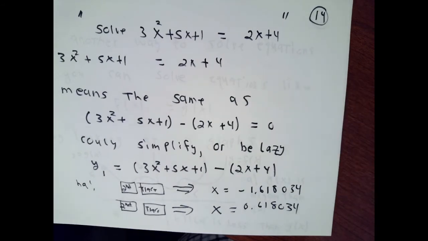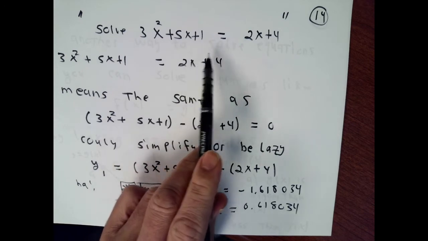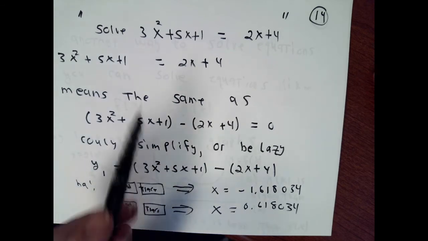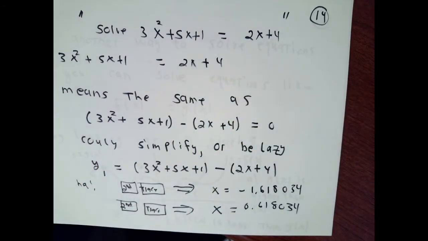If someone asked you, solve the equation 3x squared plus 5x plus 1 equals 2x plus 4, there are several ways you can do this. One of them is to subtract one of these quantities from the other and say the result has to be 0. So 3x squared plus 5x plus 1 as a number minus the number 2x plus 4 needs to be 0.